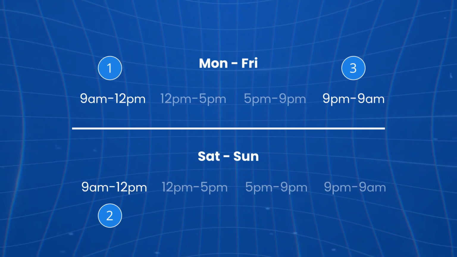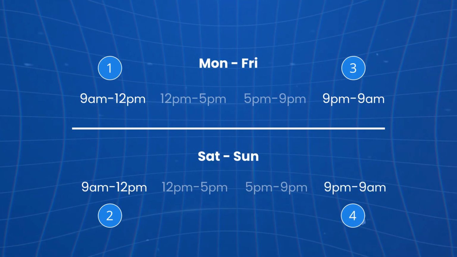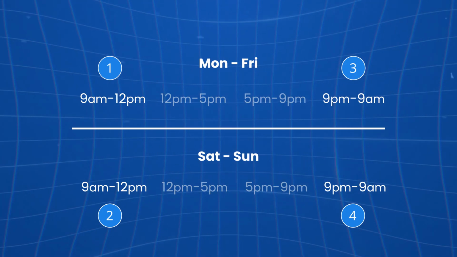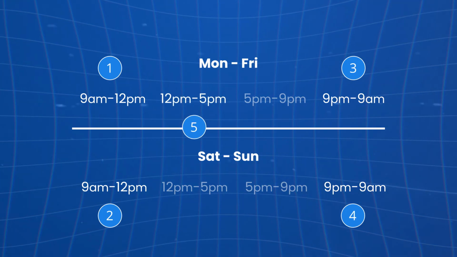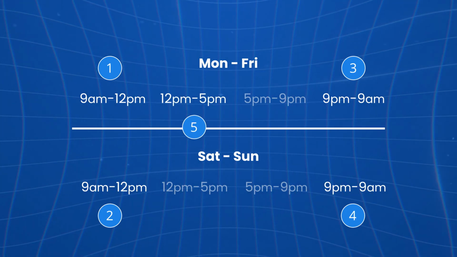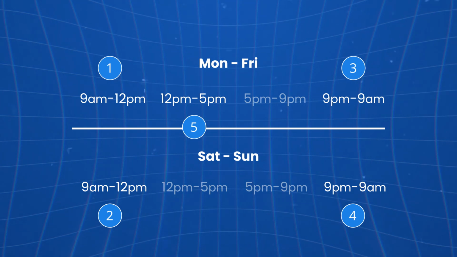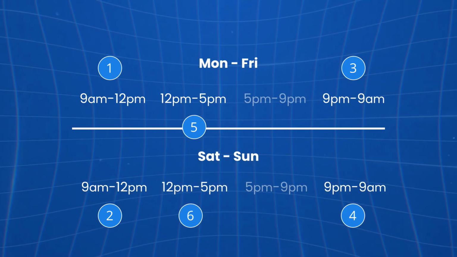The fourth most serious leads you would get would be 9 to 9 Saturday and Sunday. Then from there, as I found in the data, the fifth most serious leads are going to come from 12 to 5 Monday through Friday, so noon to 5 p.m. Now the sixth most serious leads are going to come from noon to 5 p.m. Saturday through Sunday.